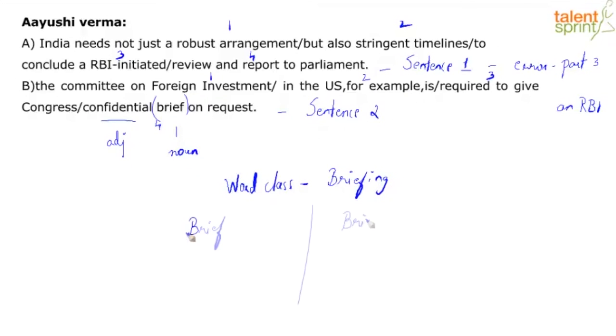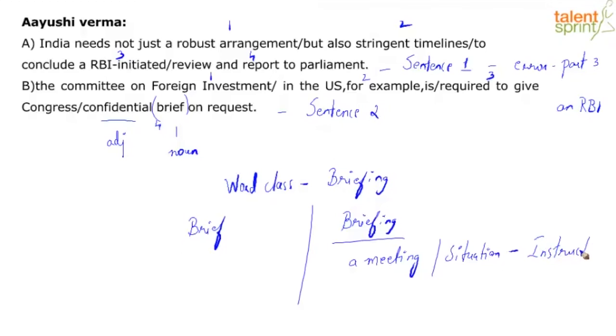Now quick difference for you between the two. So briefing, like I said, is a meeting or some sort of a situation where instructions or detailed information is given, okay? Brief, on the other hand, is actually a verb. It can be used as an adjective also.